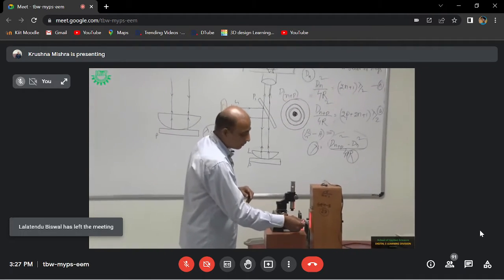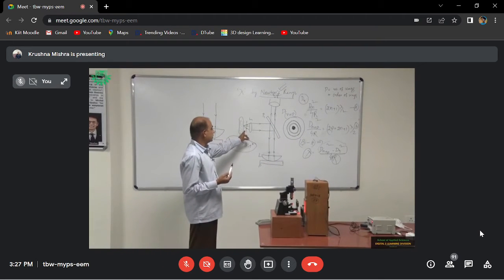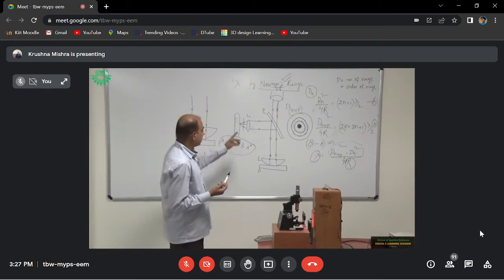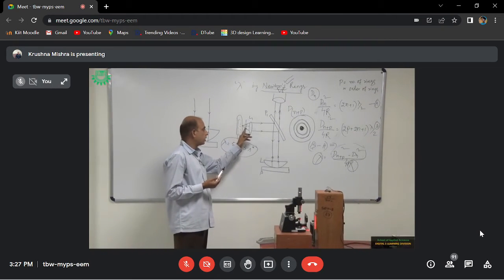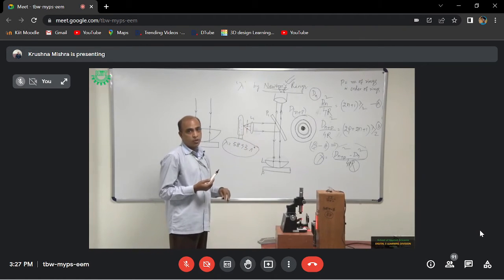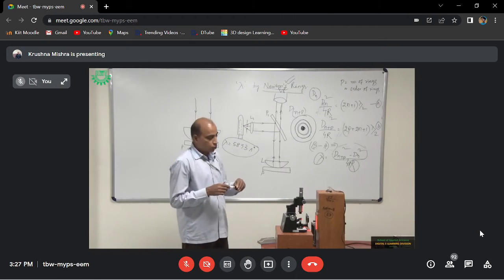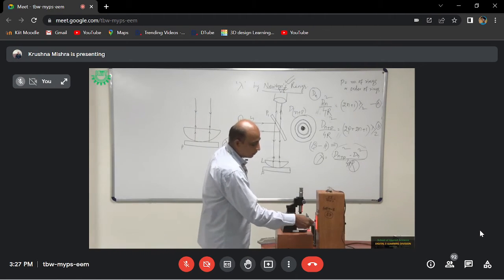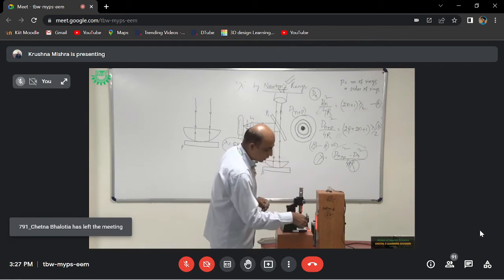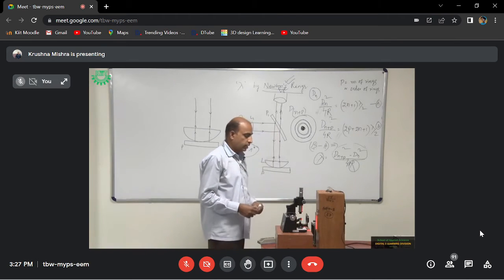And this converging lens is kept exactly at the focal plane. That means the light source must be kept at the focal plane of the converging lens; otherwise this light will not be parallel. So the light is kept accordingly, and this is the plain glass plate P1.